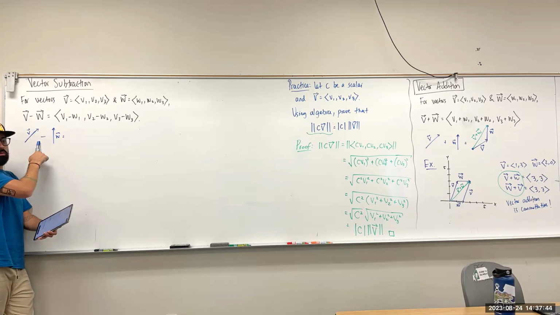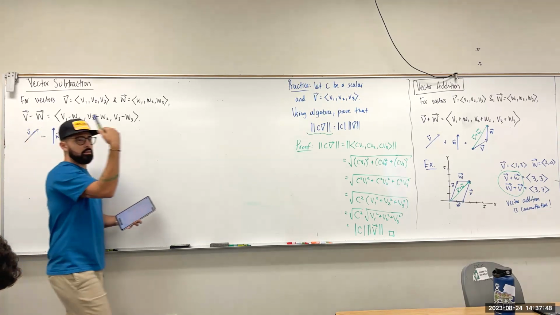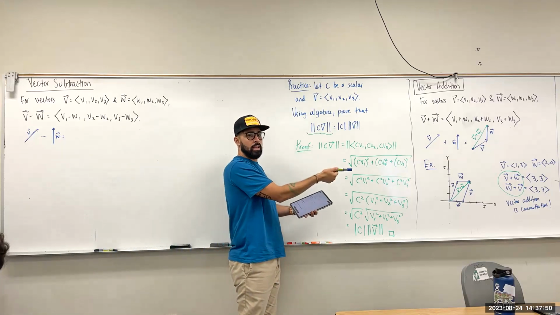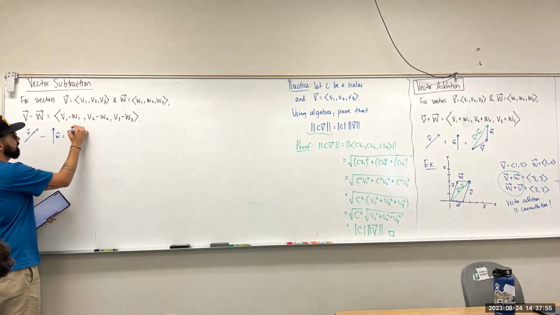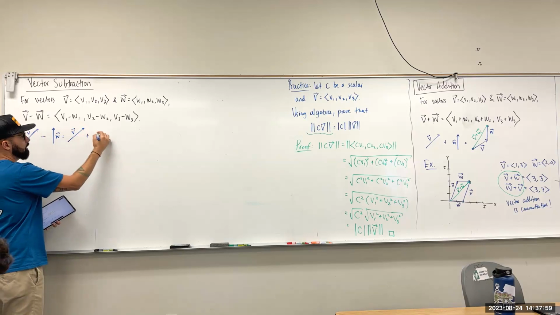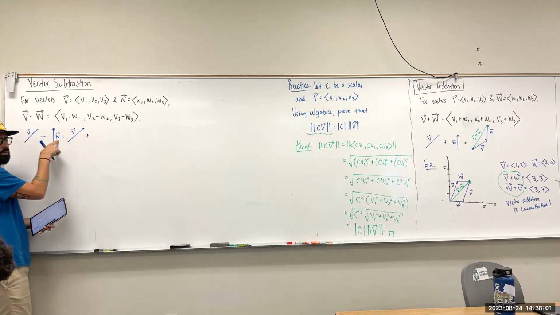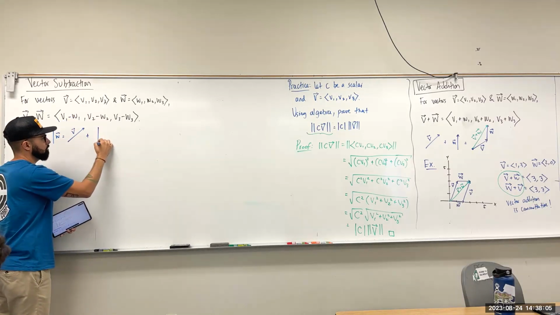Just like you guys learned in algebra, when I subtract a number, I can think of it as adding its negative. So we're going to do the same thing. If I subtract W, that's the same thing as if I have V, and then I add its negative. What is this negative going to do? Exactly, this goes in the opposite direction.